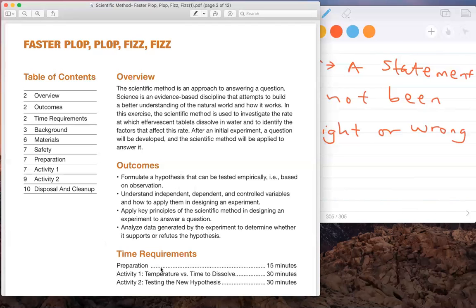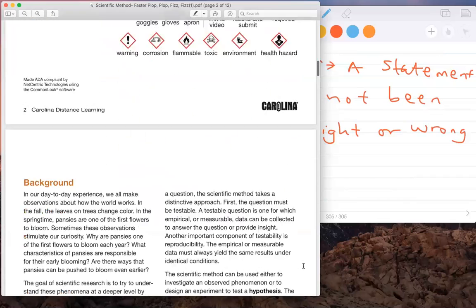I hope by now everyone has his or her lab kit, and in the lab kit, you will see the required materials. Some of them you may need to use something you already have in your kitchen.